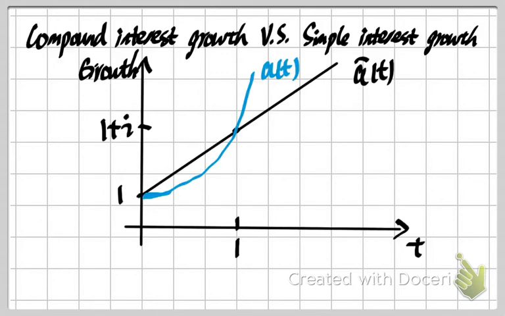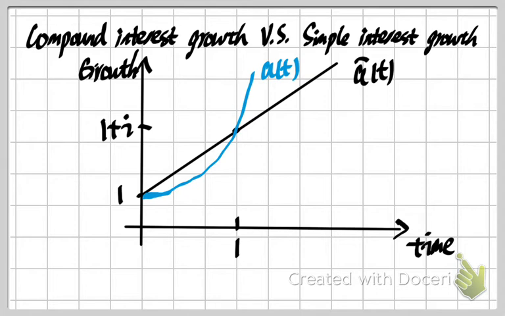So let's look at this picture together. Here, the horizontal axis is our time, so time t. And the vertical axis is our money, how much money we can have in our account. So the horizontal axis is our time and the vertical axis is the growth of the investment.